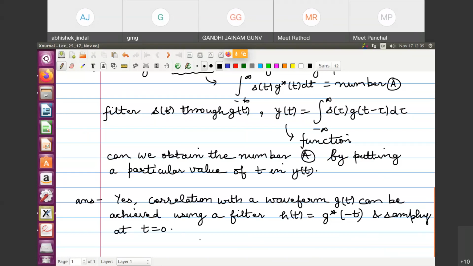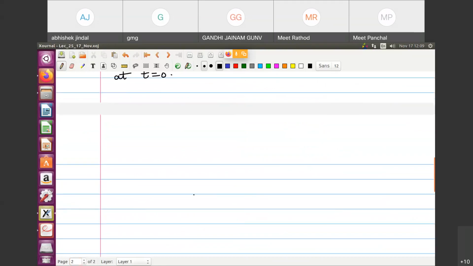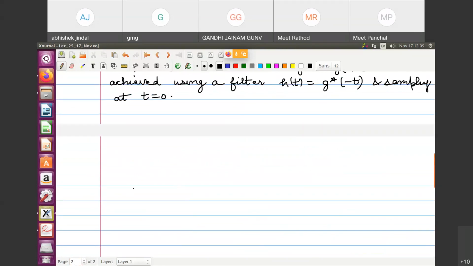Let us see how. This would be interesting. Let us say we have y of t as the filter's output.